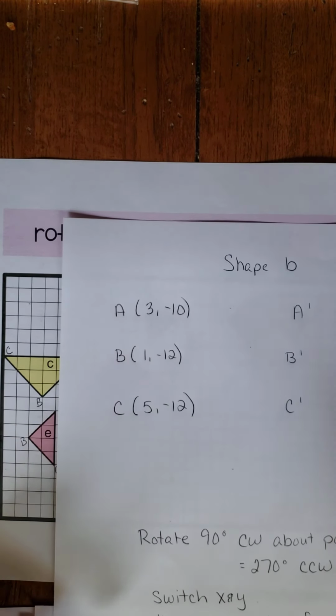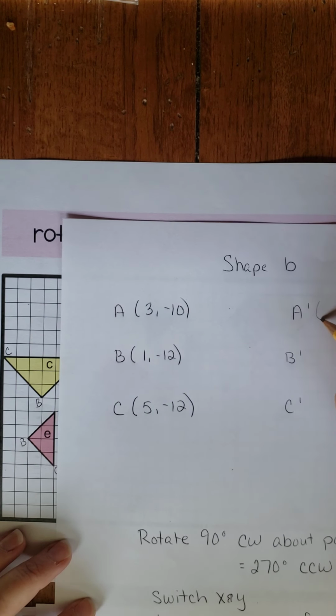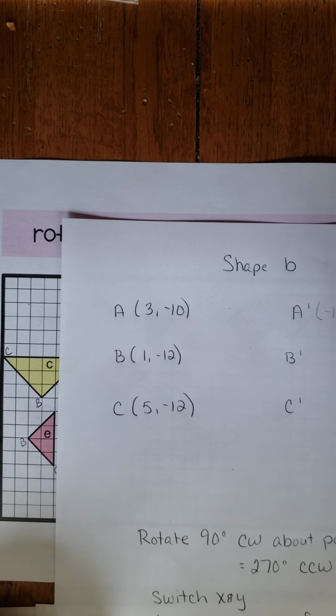First, we switch our X and our Y. And then we change the sign of the new Y. So this becomes -3. Do the same here. We switch our X and our Y, and we change the sign of the new Y. This becomes -1. We switch the X and the Y, and we change the sign of the new Y.